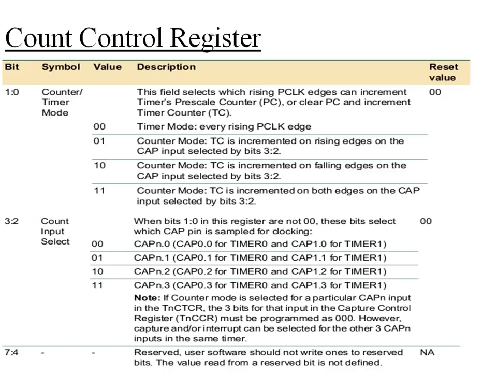In the same way, you can use these capture pins to act as counter pins. When the peripheral is used in counter mode, these capture pins work as counter pins. You can give the clock pulses through this capture pin, so that the timer counter, that is TC, gets incremented by 1.